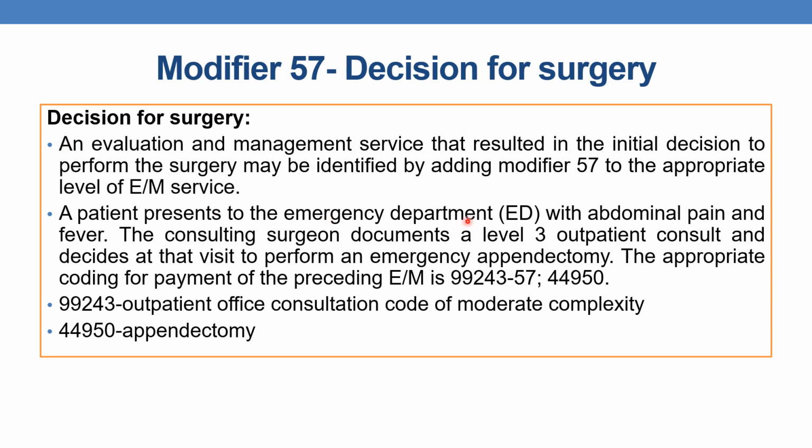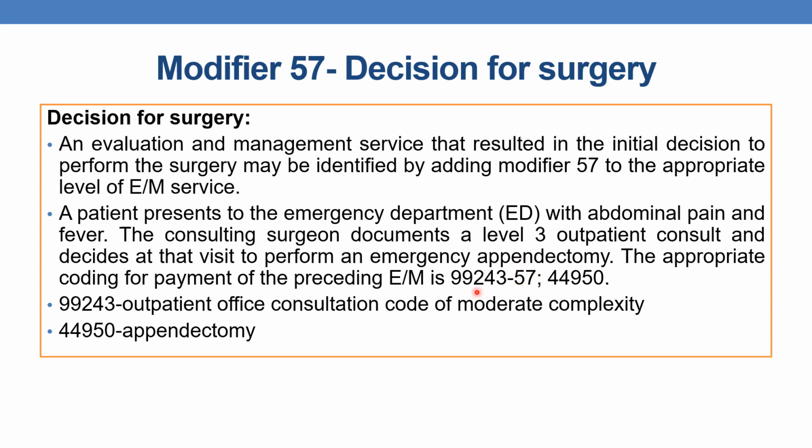A patient presents to the emergency department, ED, with abdominal pain and fever. The consulting surgeon documents a level 3 outpatient consult and decides at the visit to perform an emergency appendectomy. So here the appropriate coding would be 99243 along with 57 modifier.